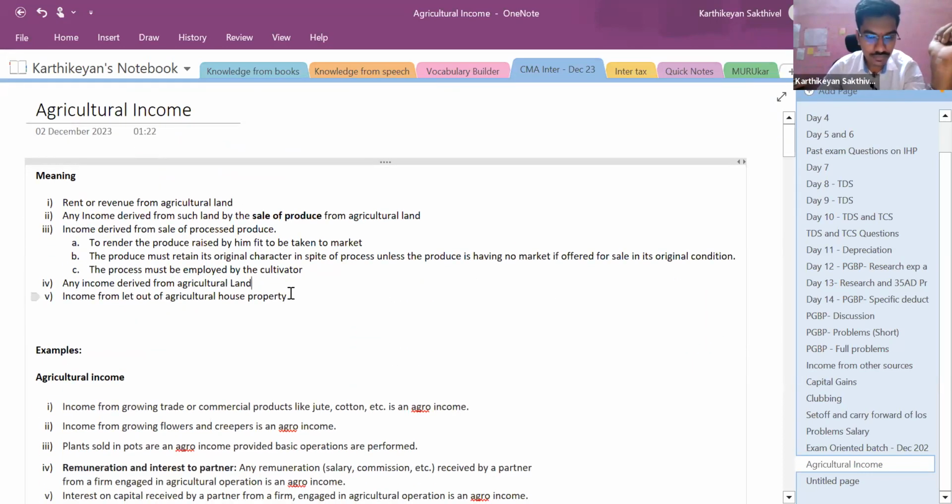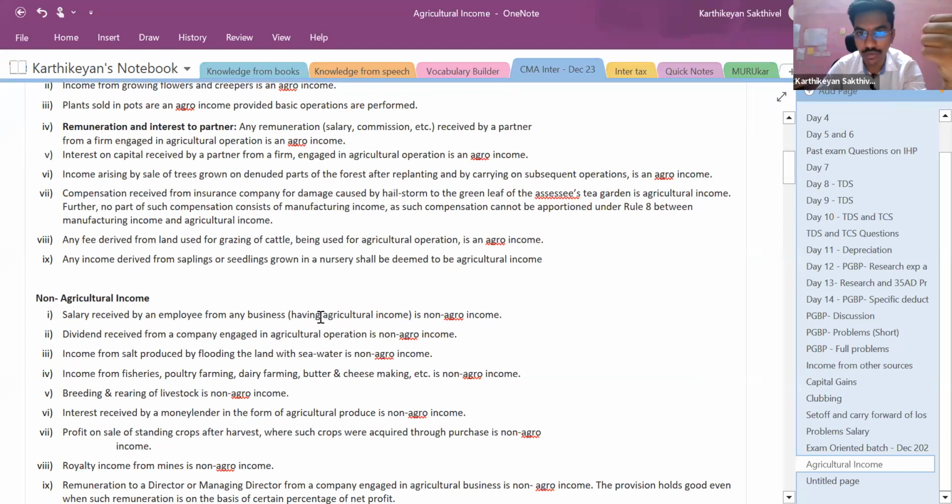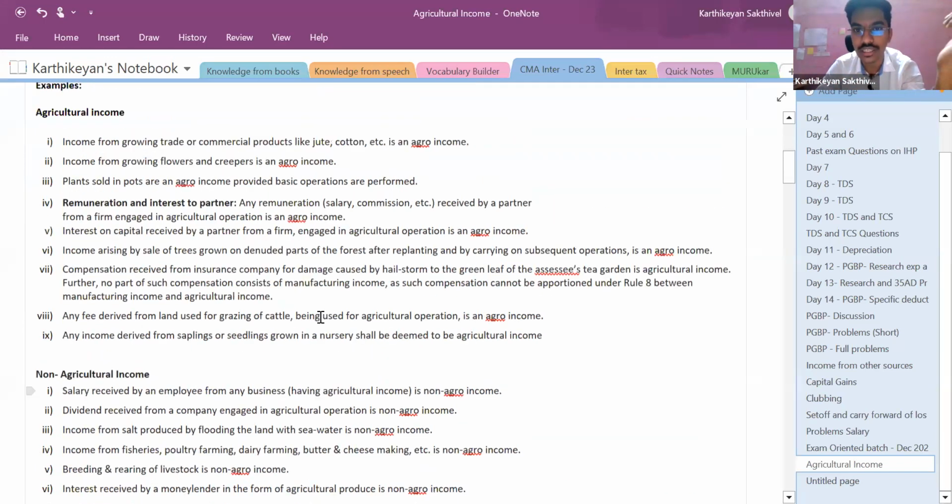As far as this chapter is concerned, it is structured in such a way that first we'll discuss the meaning of agricultural income, and then we'll go to the next topic. So basically there are three topics. Questions can be broadly divided into these three categories. First, whether an income would constitute agricultural income or not. Second, if there is both agricultural income and non-agricultural income, how should they be segregated?